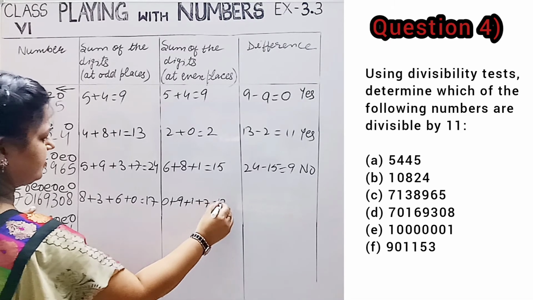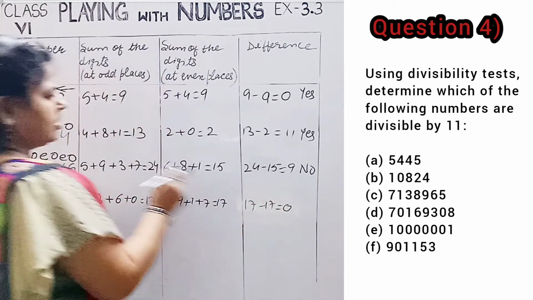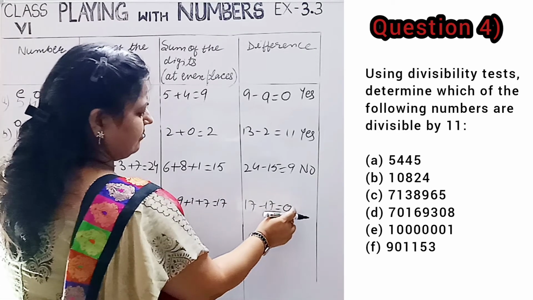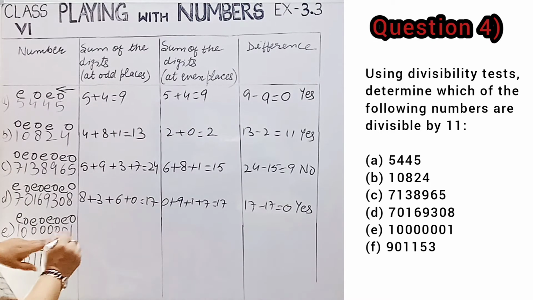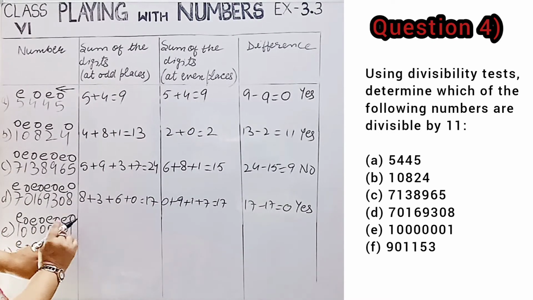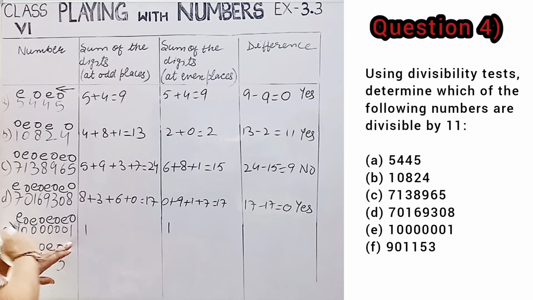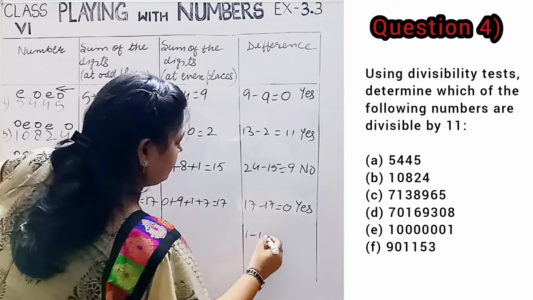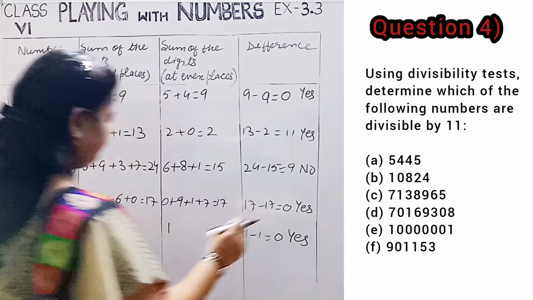Now 17. 17 minus 17 equal to 0 and according to our divisibility rule we have here 0. Then this is also divisible by 11. Now odd places here only 1. Here is again in even place 1. So 1 minus 1 we have difference is 0. So yes, this number is divisible by 11.